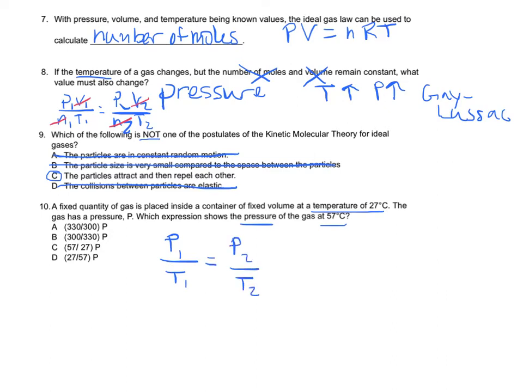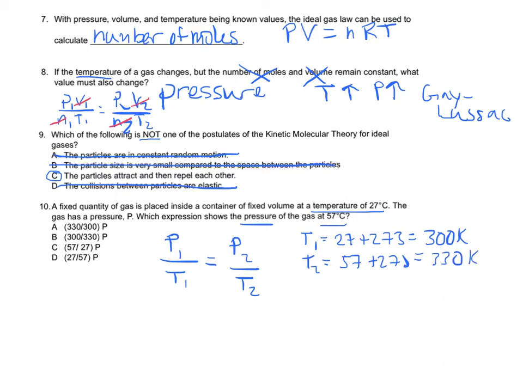All right, and if we look, we don't actually have the pressure numbers. We do have temperatures, but remember your temperature values need to be changed into Kelvin. So our initial temperature is 27 degrees, but we need to add 273 to that, and that gives us 300 Kelvin. Our second temperature is 57 degrees Celsius, and we add 273 to that, and we get 330 Kelvin.